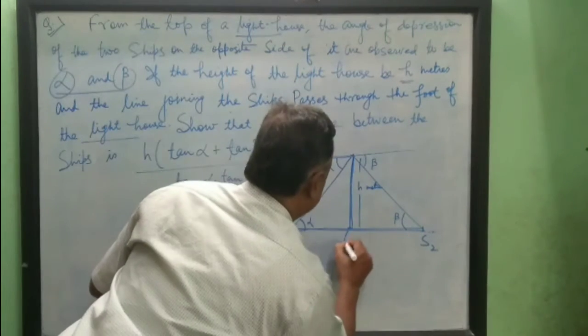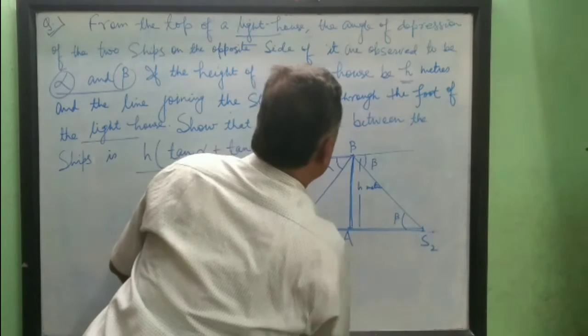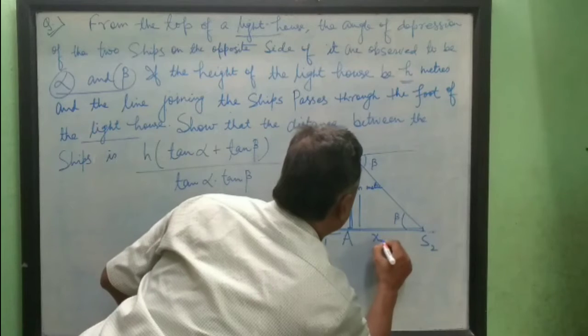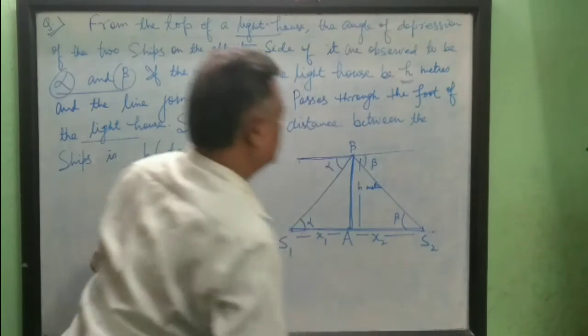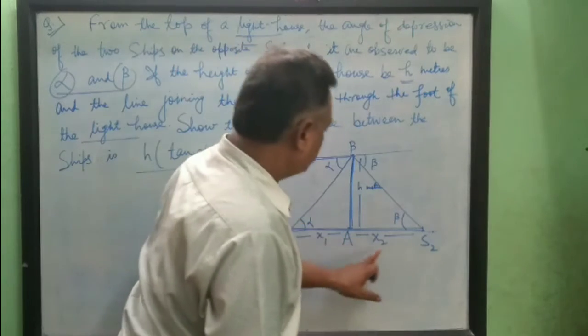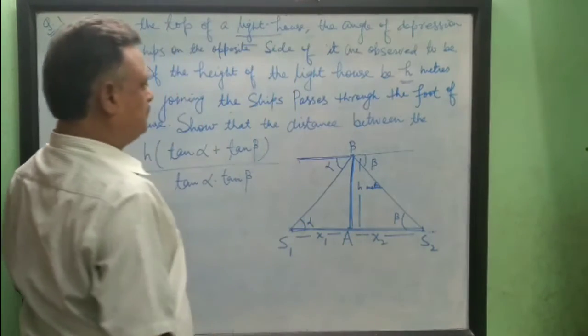Let AB be the lighthouse. This distance is x1 and this distance is x2. AS1 is equal to x1 and AS2 is equal to x2.